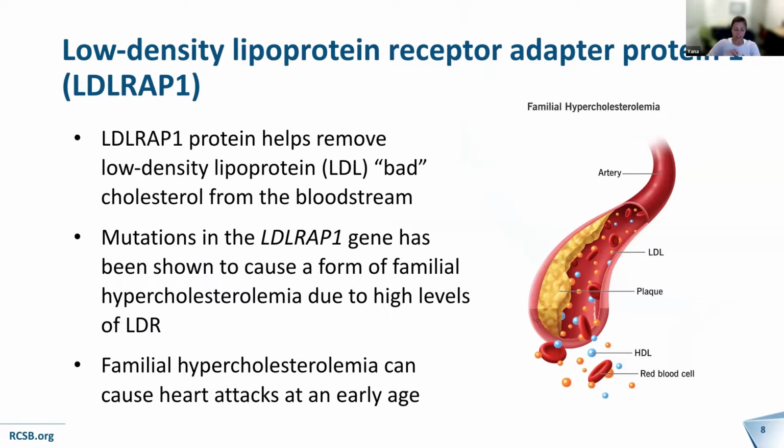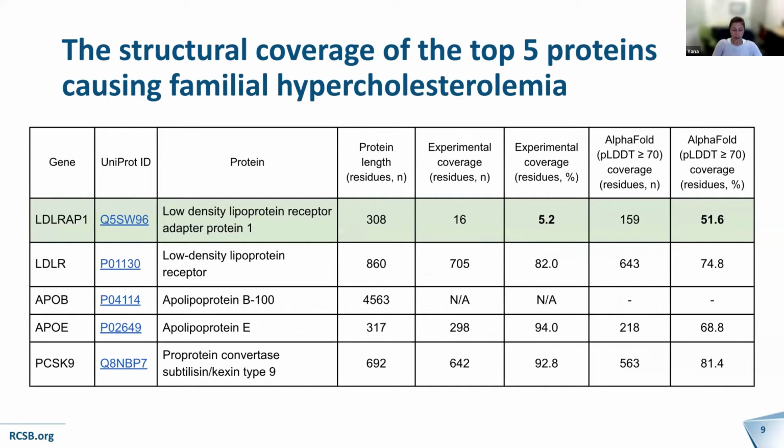And people with this genetic condition have so-called familial hypercholesterolemia, one of the main inherited causes of premature cardiovascular disease. So it's an important protein to study. And it's actually one of the 5 proteins that make a fundamental contribution to causing this disorder.